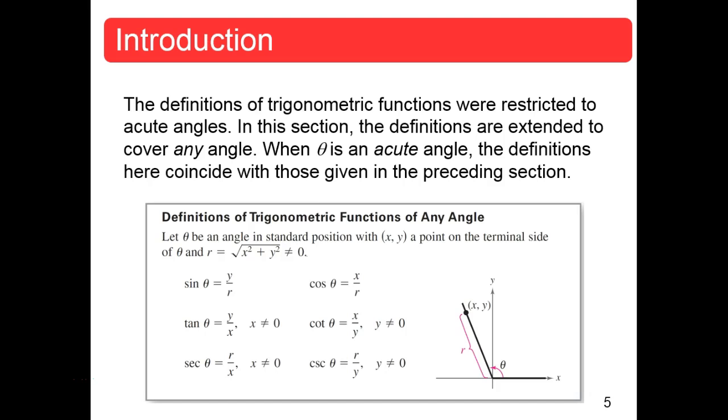So this r is not 0, but it's also always positive. Now, when we're on the unit circle, what was that r?